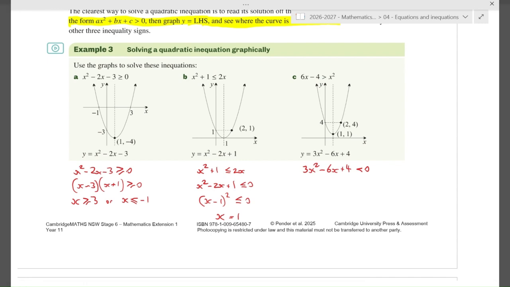What's the discriminant? Yep. So b squared minus 4ac: 6 squared minus 4 times 3 times 4. 36 minus 48, which gives me minus 12.